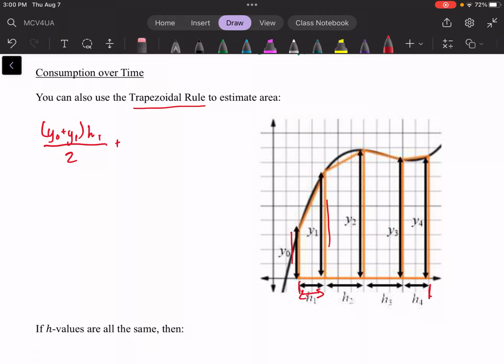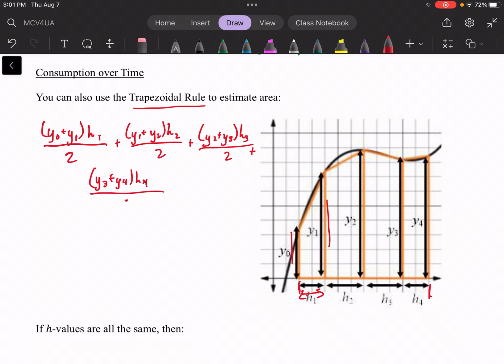Now you can keep doing this by adding a couple of other ones. And you just keep adding your trapezoids until you run out of trapezoids that you have. So hopefully you can see the pattern developing here.